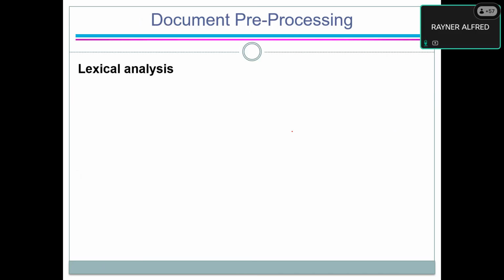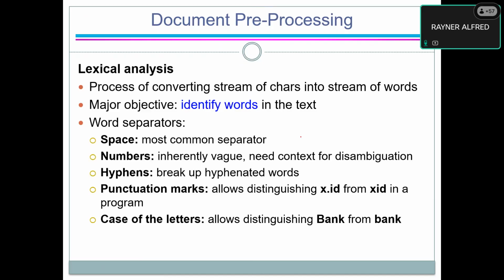If we look at the first one, basically this is the process of converting a stream of characters into a stream of words. So we want to do the tokenization. The major objective is to extract words from the document that we have. Normally we look at the space as the separator.